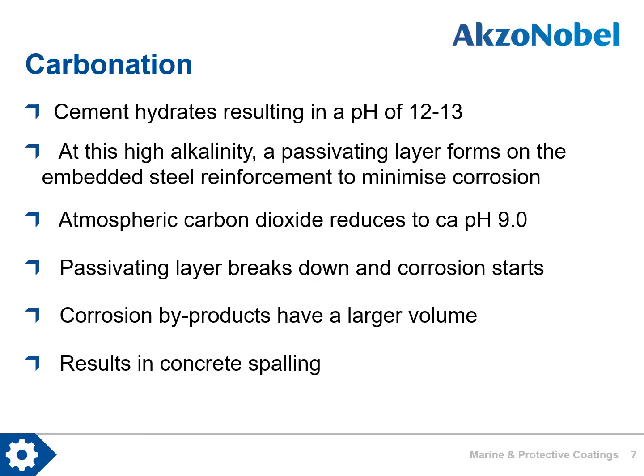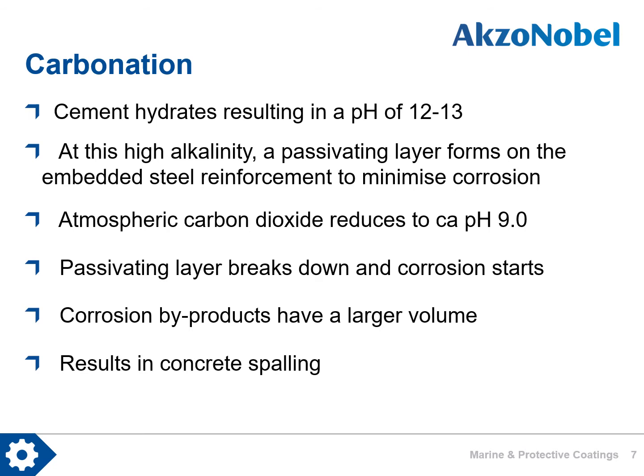Atmospheric carbon dioxide gradually penetrates into unprotected concrete, reducing the alkalinity to a pH of circa 9. At this level, the passivating layer breaks down and corrosion starts.